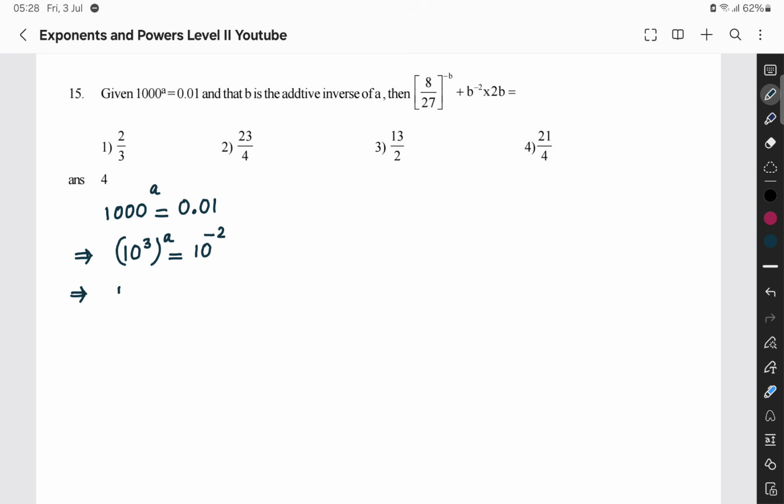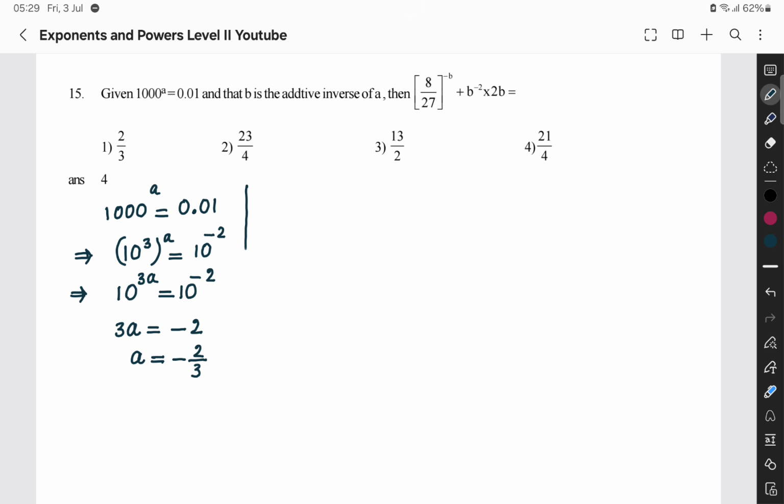So I can write 10 power 3a is 10 to the power of minus 2. So from this, 3a will be equal to minus 2 and a is equal to minus 2 by 3.